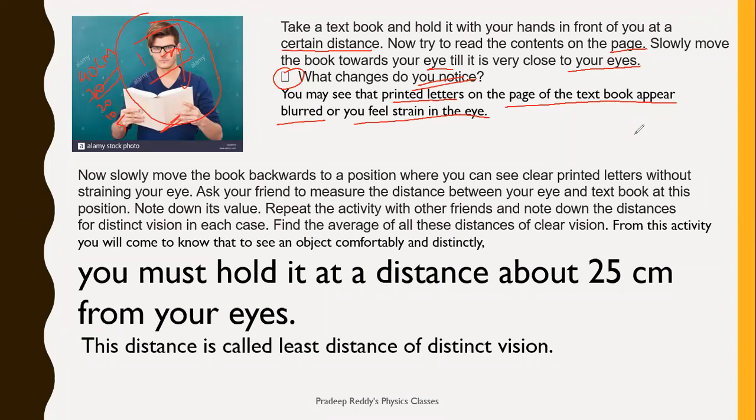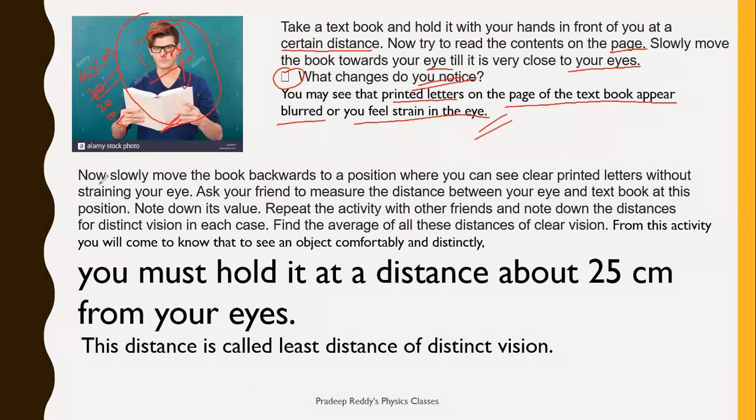You feel that your eye gets strained. That is one thing. And next, whatever is present on that screen, you could not see that clearly. You could get a blurred image in your eye, and your eye gets strained. This is what you have learned from this activity, and you should do this activity as well.